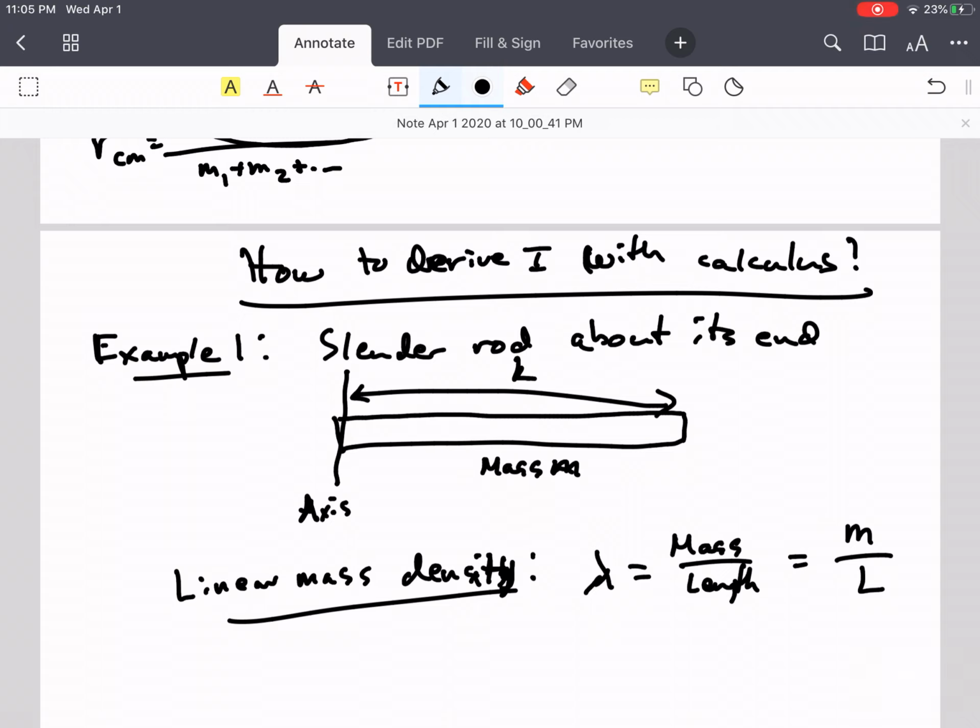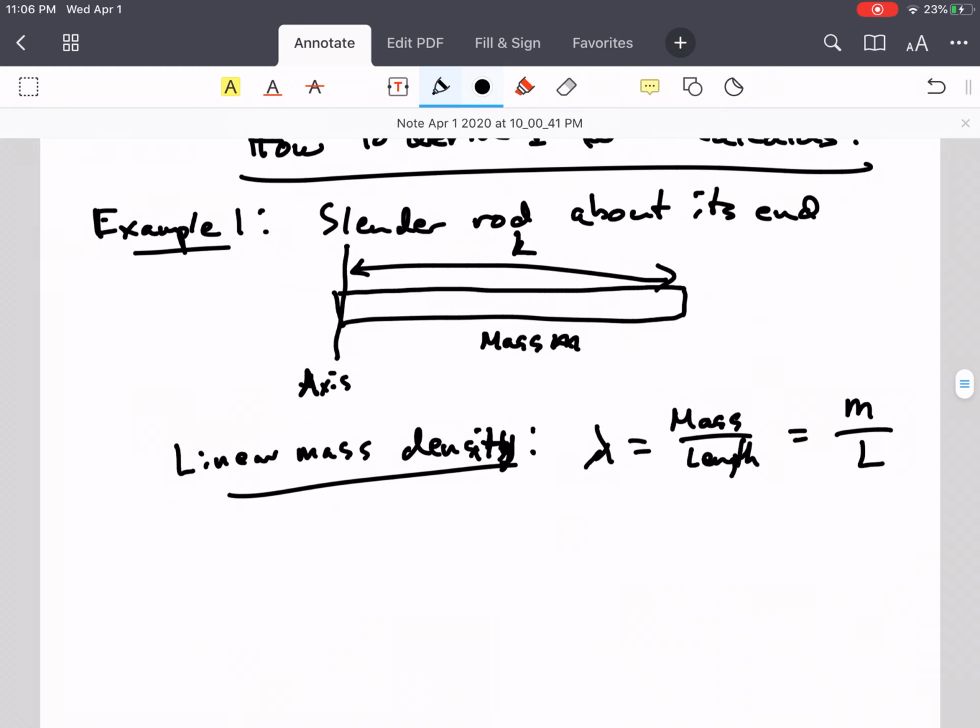All right, so I have my linear mass density. And if I want to solve this, I'm going to break my rod up into a bunch of little pieces. Each of these pieces is going to have a mass dm. Really it's just the differential of m, to denote the small mass. And it's going to have a size dx.